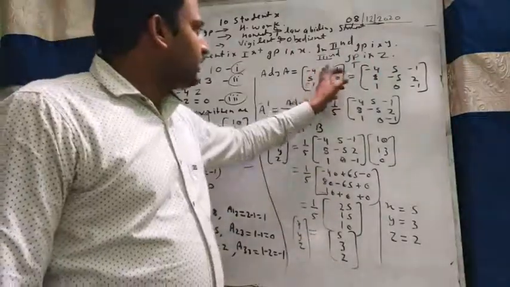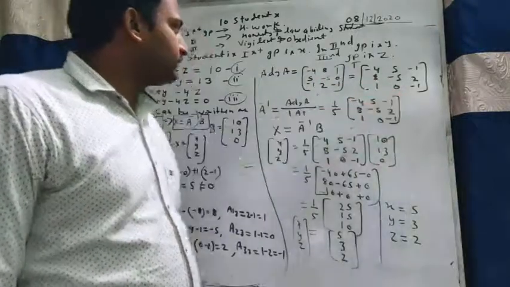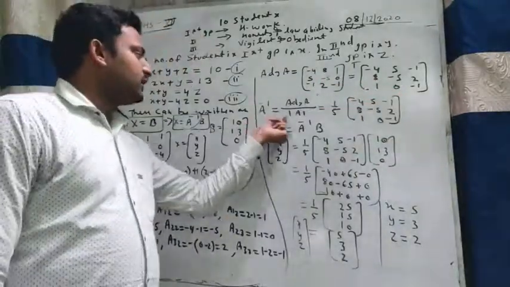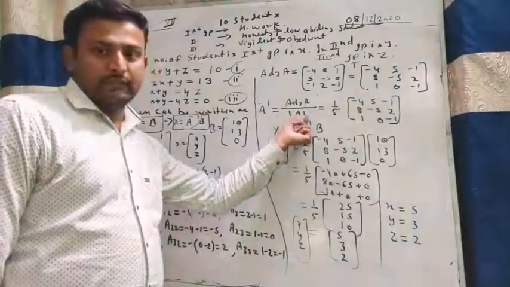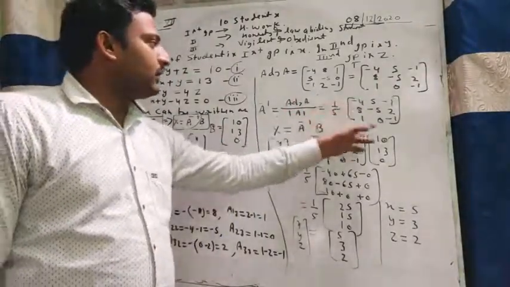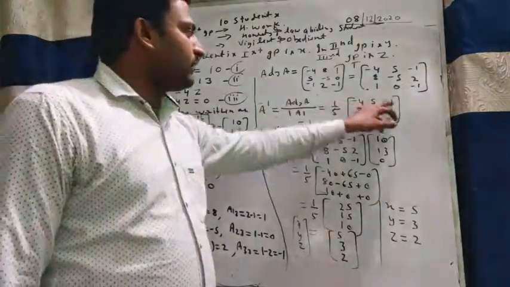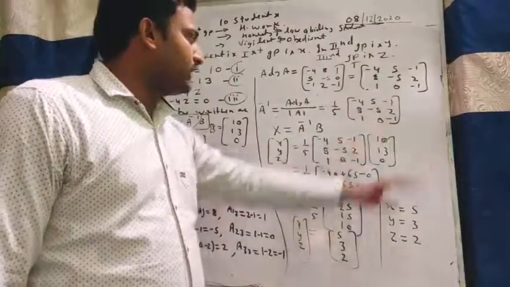So minus 4, 5, minus 1, 8, minus 5, 2, 1, 0, minus 1. Now our A inverse is what? Adjoint of A upon determinant of A, and our determinant of A is 5. So we can write 1 by 5 times the matrix minus 4, 5, minus 1, 8, minus 5, 2, 1, 0, minus 1.